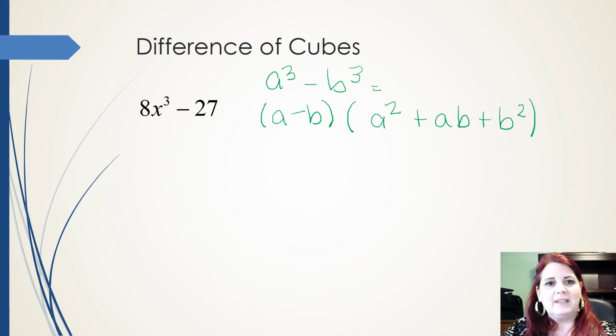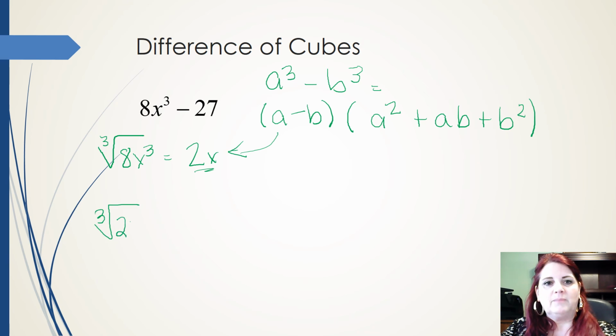So this one, 8x cubed, is a perfect cube because the cube root of that is 2x. So that's our a term. And then we can take the cube root of 27, and that is 3, and that's going to be our b term.